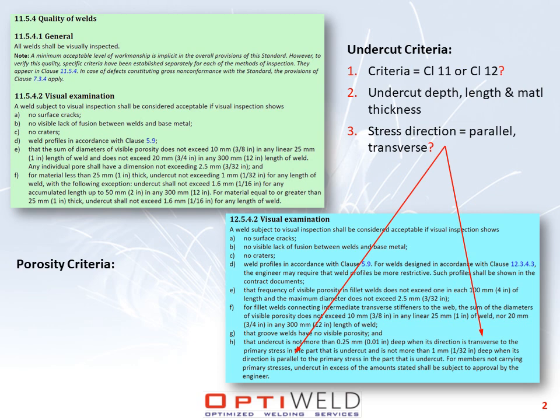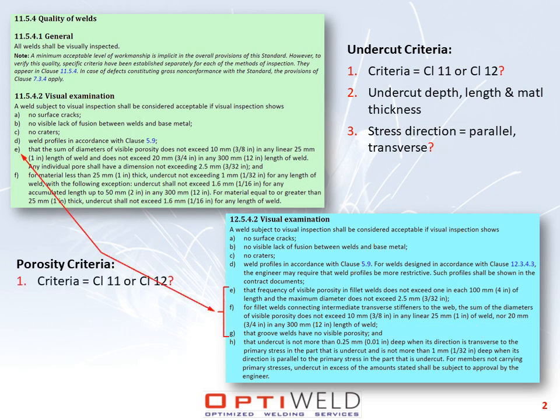In deciding whether to accept or reject welds based on porosity, there are four considerations. Again, there are differences between these two clauses. Instead of just marking the first porosity you see as a defect, you will need to measure each porosity pore diameter.